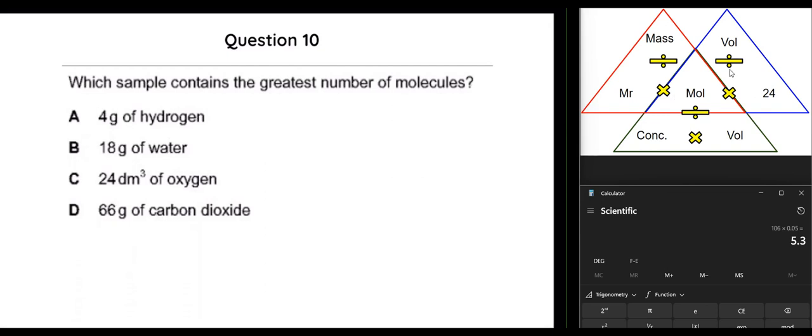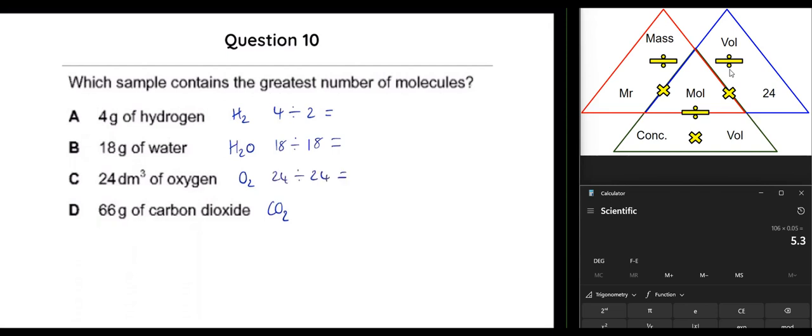So hydrogen is H2, water is H2O, oxygen is O2, and carbon dioxide is CO2. So in this case, we've got the mass divided by the MR, so 4 divided by 2. We've got 18 grams of water, so we've got 18 divided by the relative molecular mass of water, which is, of course, 18. And we've got 24 decimeters cubed of oxygen, so we've got 24 divided by 24.